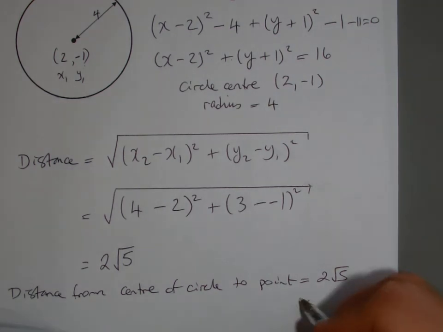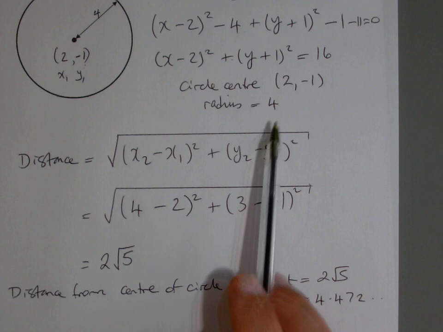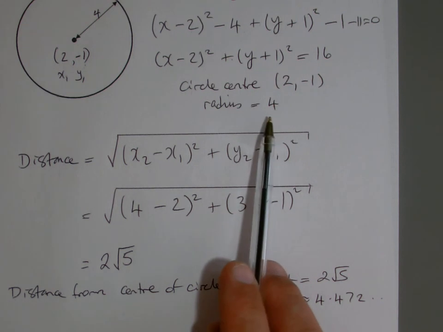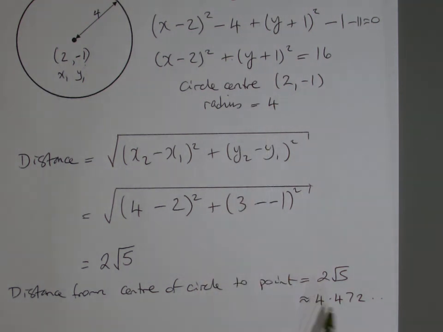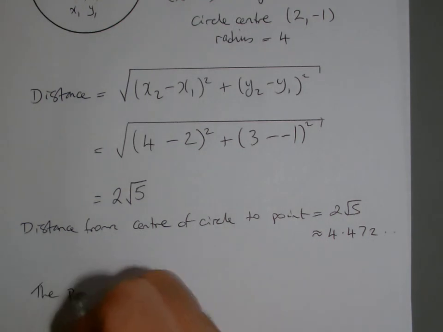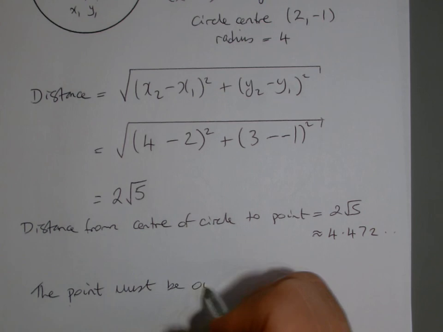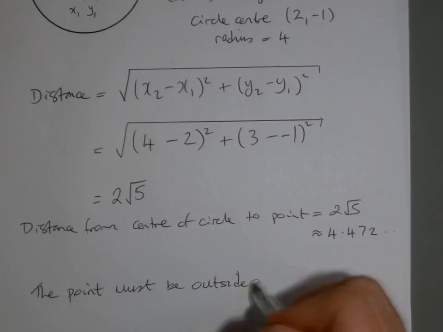So this is approximately 4.472. Okay, so the distance is that, whereas the radius is 4. So do you see it's outside of the circle again, isn't it? It's like the first one because it's greater. So we say the point must be outside of the circle.